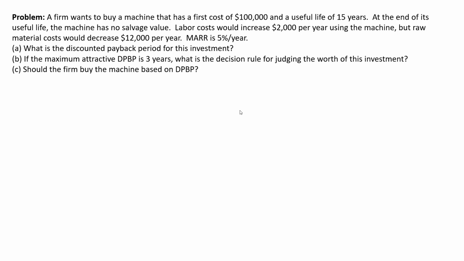That's a uniform distribution of $10,000 per year. Now, for how many years? Do not say 15 because that's the useful life of that. The truth is, we don't know for how many years, right? And that's going to be a variable n.